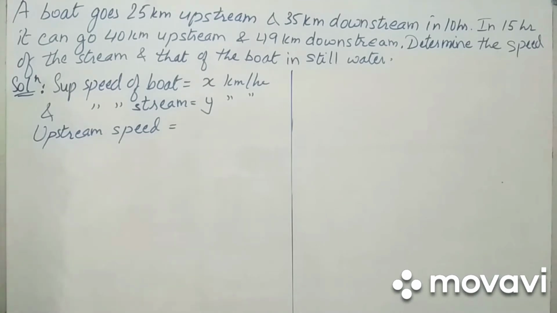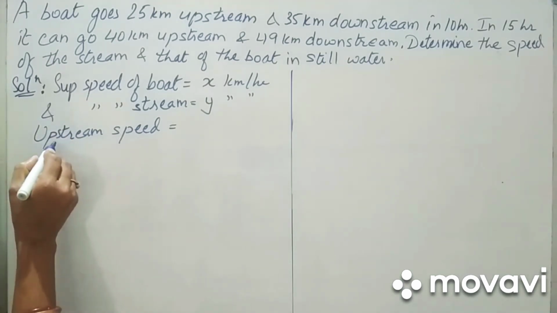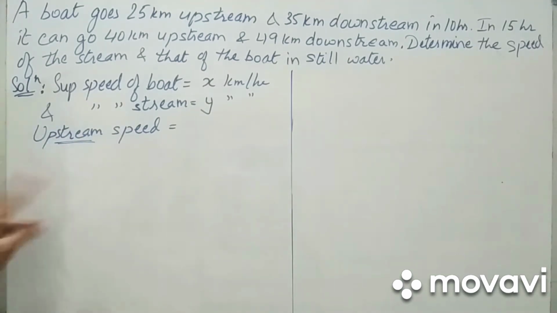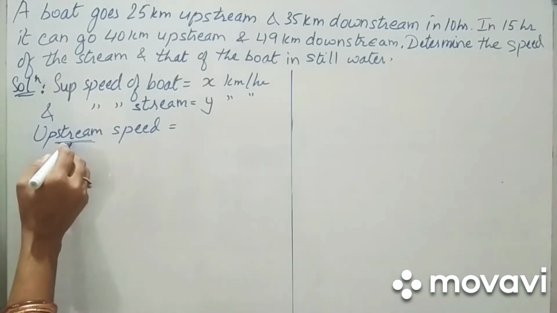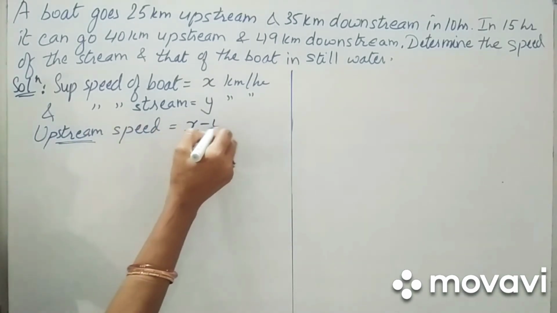And if you are riding your bicycle against the blow of the wind, then automatically your speed is reduced. So that is known as upstream. If it is against the flow, then it is known as upstream. So you have to separate it.